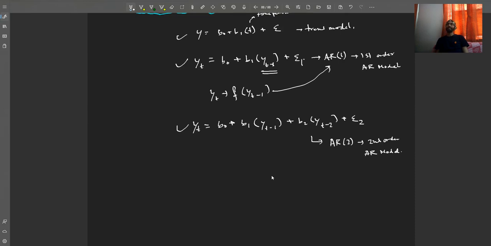Now we can generalize this: Yt is equal to b0 plus b1 yt minus 1 plus b2 yt minus 2 plus dot dot bp yt minus p plus some error. This is called a pth order autoregressive model.